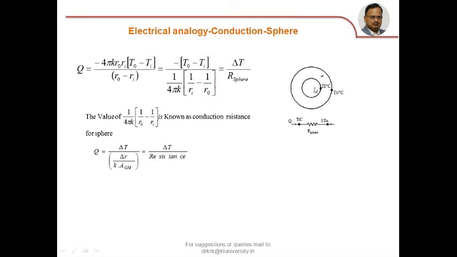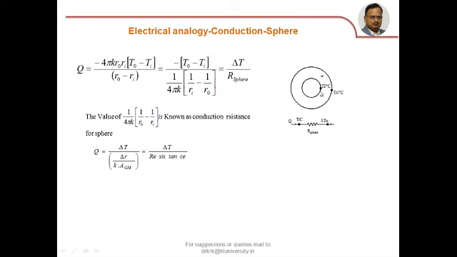Again look at this figure. The rate of heat transfer through this wall of the sphere is by means of conduction. Let it be Q. The wall material in the sphere offers some amount of resistance for heat transfer.